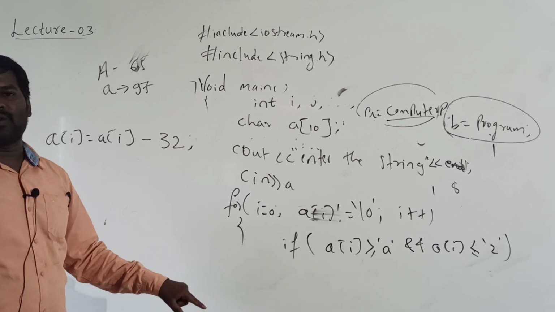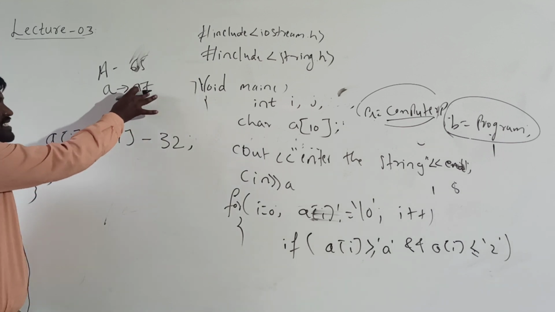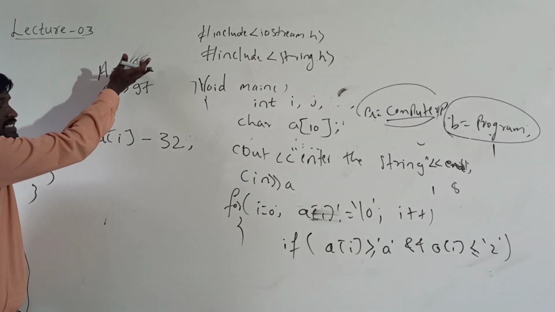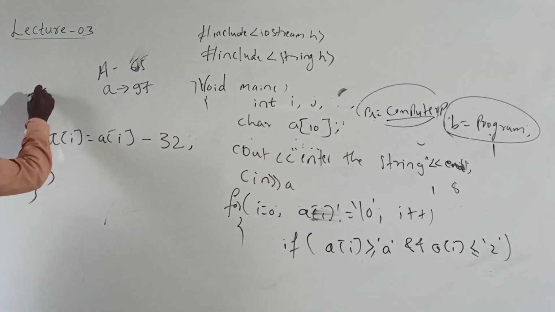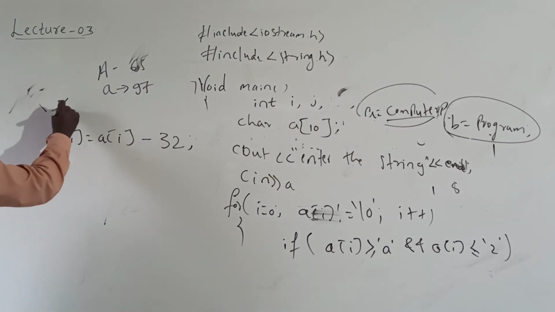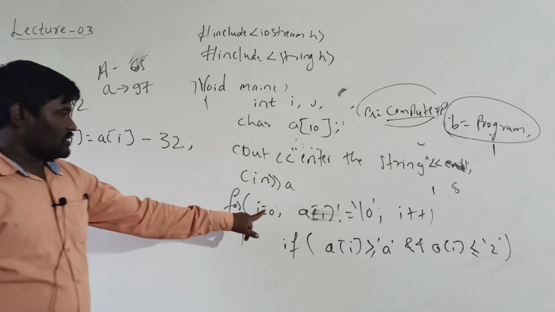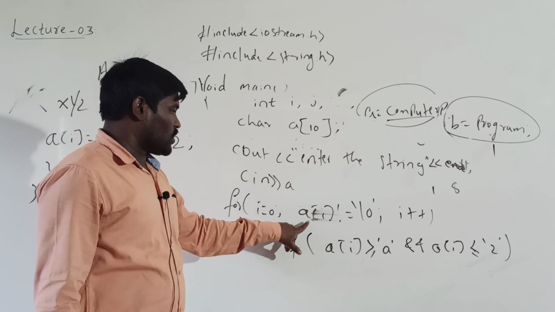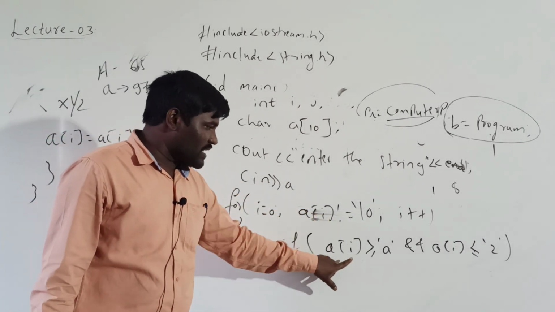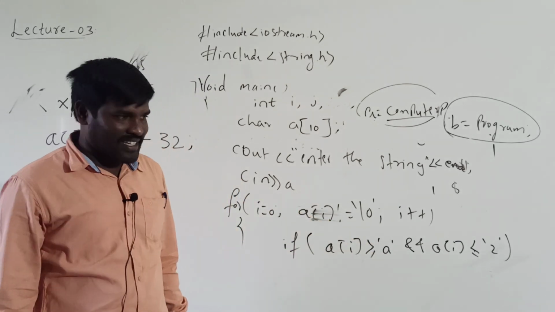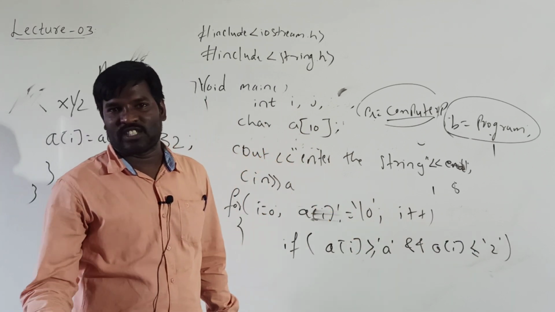Here we have to convert lowercase to uppercase, which means lowercase values are high and uppercase values are low. That's why minus 32. See here, I can give the input value as small x, capital Y, small z. I equal to 0, A of 0 is x, not equal to null character, condition is true. x is greater than or equal to small a, obviously x is less than or equal to small z, condition is true.